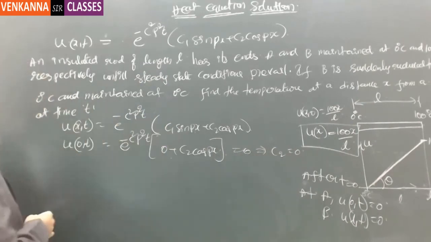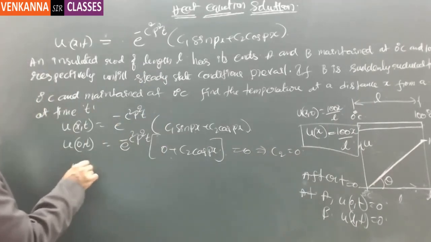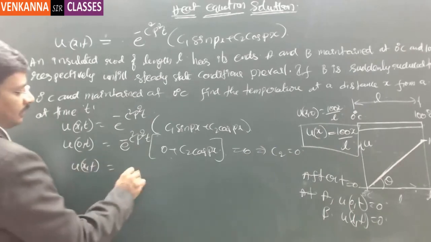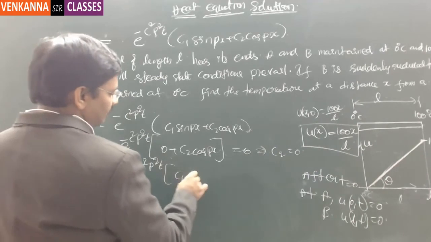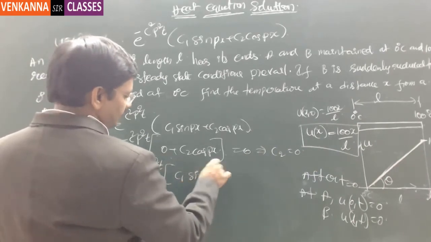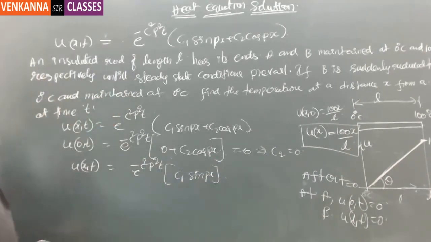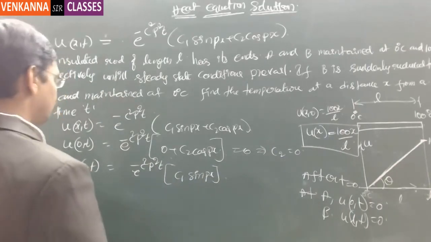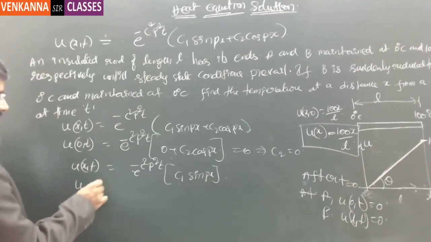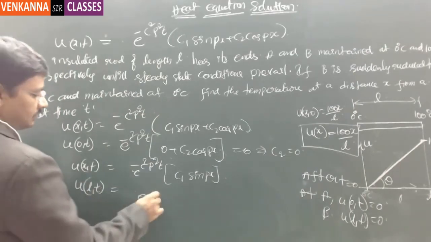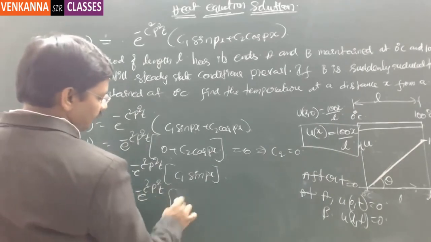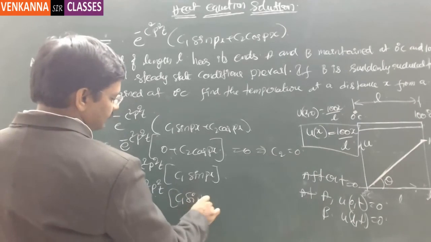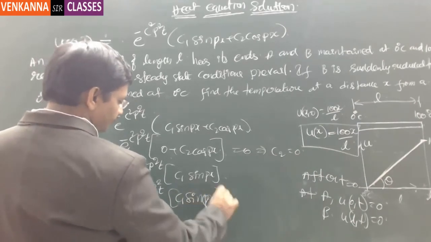Now after substituting c2 equal to 0, u of x comma t is e power minus c square p square t multiplied by c1 sin px. Now substitute the second boundary condition, u of L comma t is again 0. So e power minus c square p square t into c1 sin pL equal to 0.